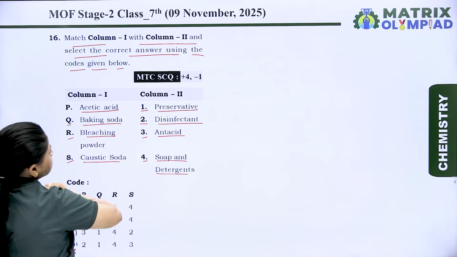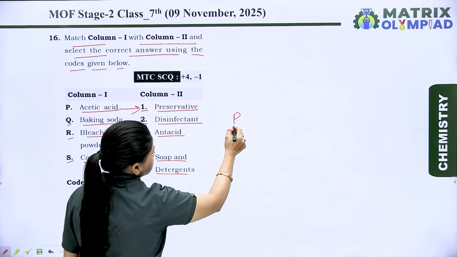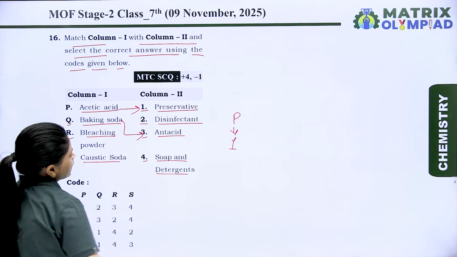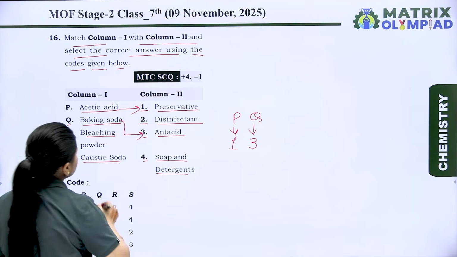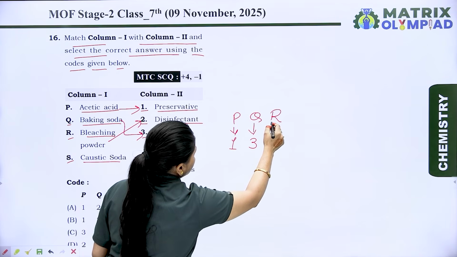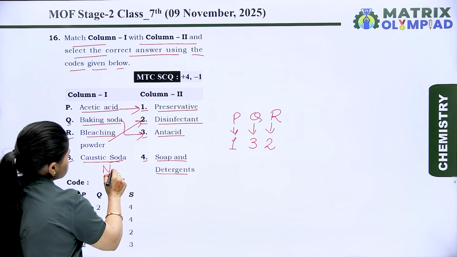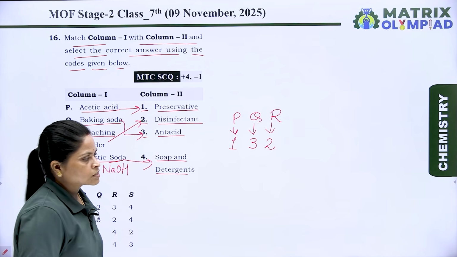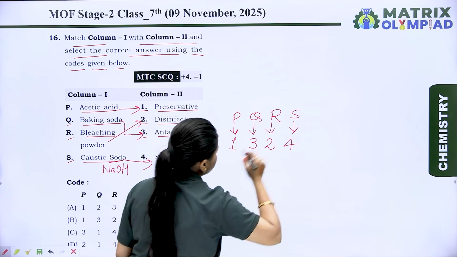Acetic acid is used as a preservative, so P resembles first. Baking soda is used as an antacid, so Q resembles 3. Bleaching powder is used as a disinfectant, so R resembles 2. And caustic soda, that is NaOH, is used in soap and detergents, so S resembles 4.